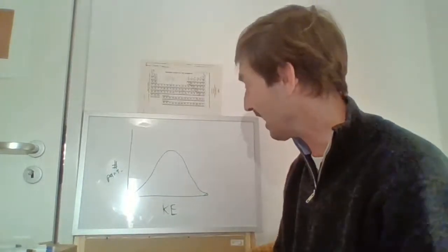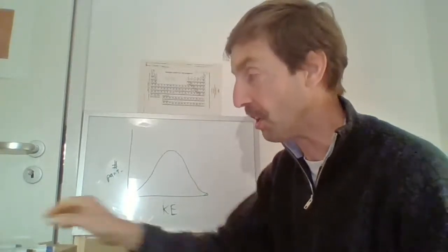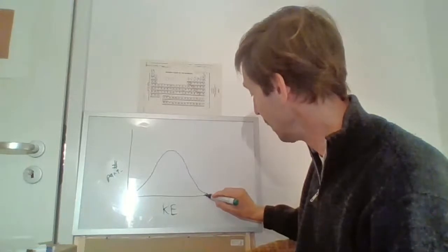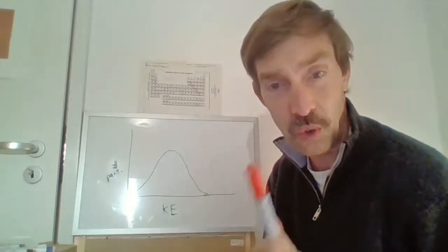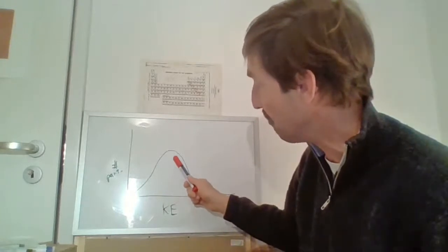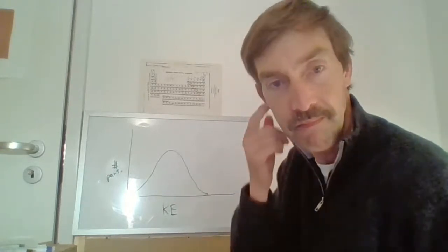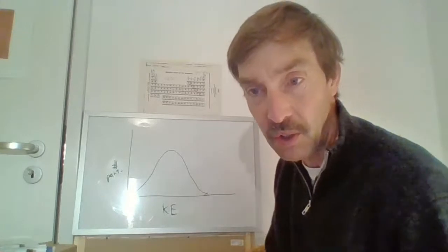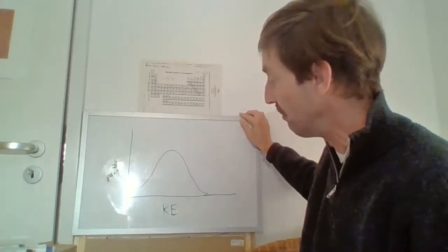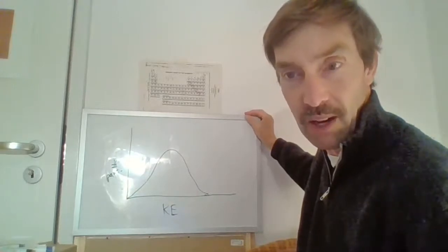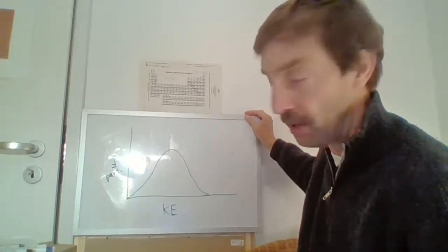Okay, let's say we heat these molecules up. Extend that line a bit. If I heat these particles up, what's going to happen to my bump? If I heat these particles up, what happens to the bump that represents the distribution? Right? So now I put them under a stove or something.